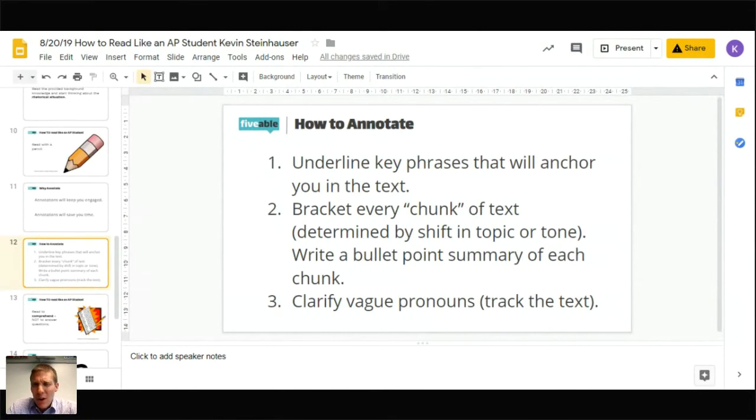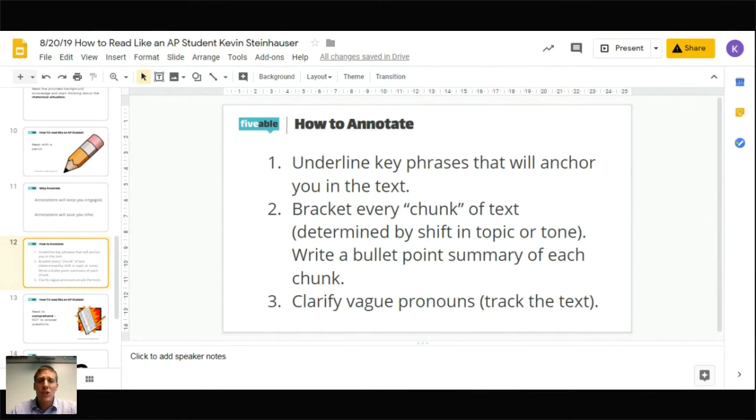All right, let's talk about number 2 here for a second. As you bracket every chunk of text, you have to identify the chunk. On the SAT, for example, which a lot of people take junior year, it's not as crucial that you identify the shift because there are a lot smaller paragraphs. On AP Language, there could be an entire multiple choice passage that's one huge long paragraph.